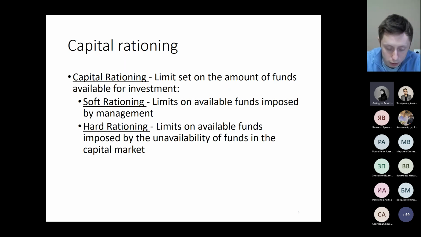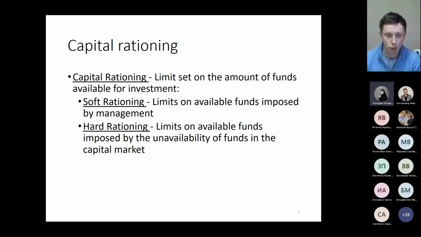When we consider the projects, we usually act from the perspective of a bigger firm. And a bigger firm has multiple options where it can invest. Anyway, even when the firm is huge, there would be some budget constraints.